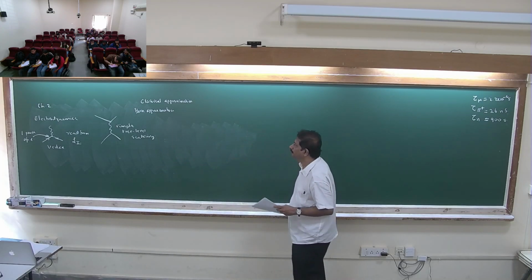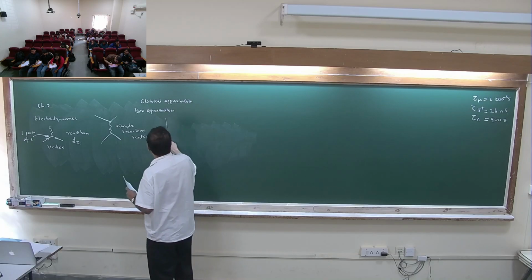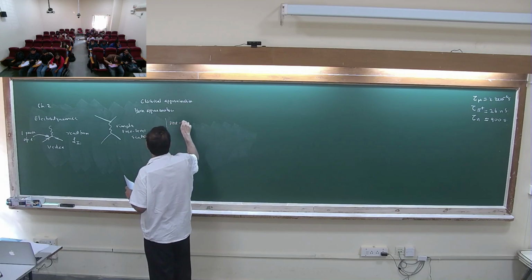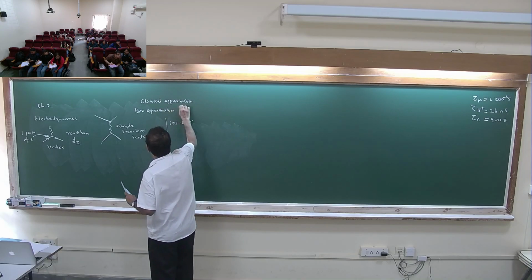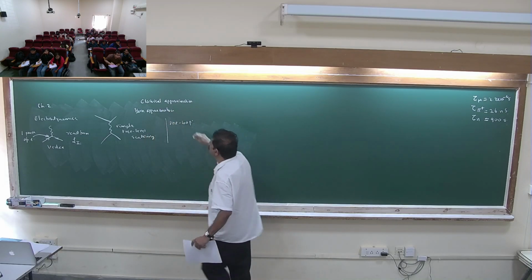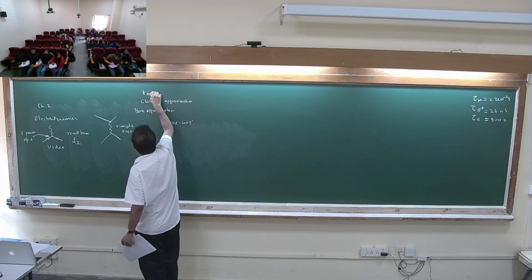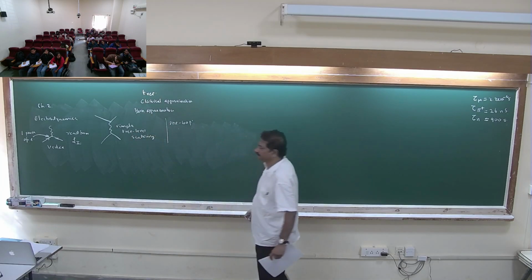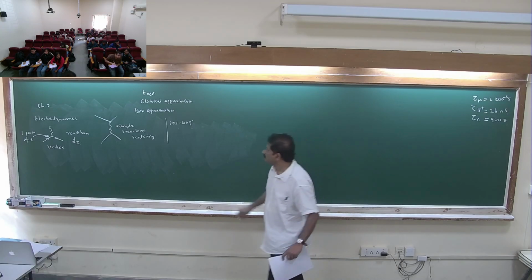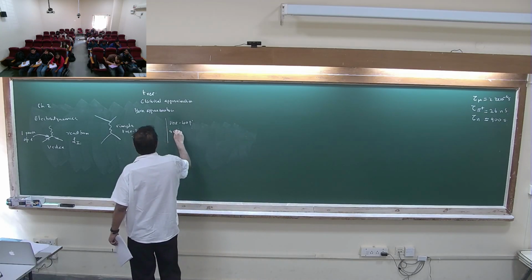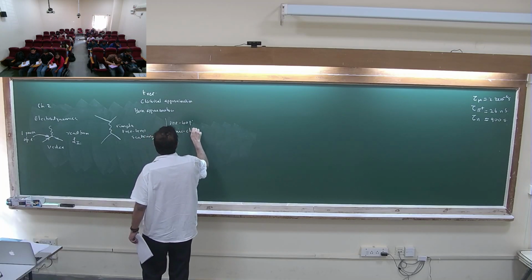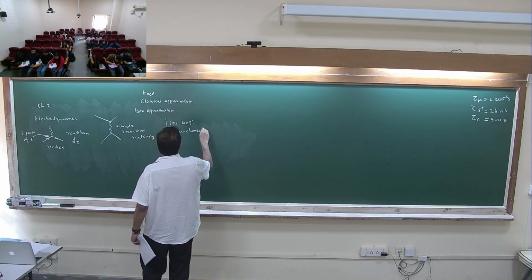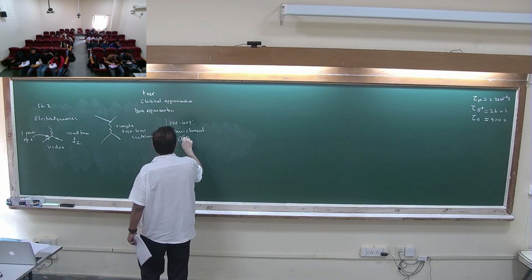If tree is classical, then what is one loop? It's semi-classical. So this means that terms of order h bar are included.